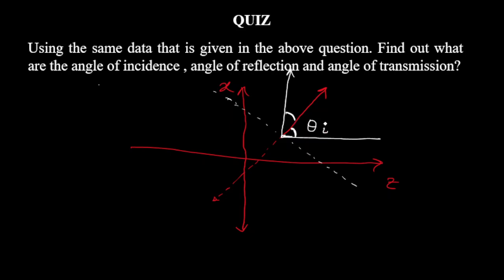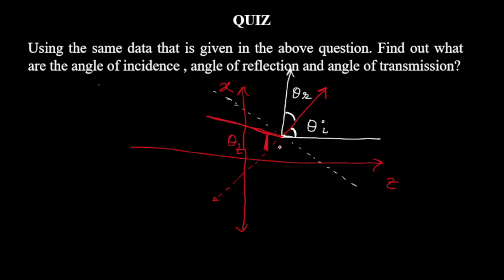So once you calculate this angle of incidence, the angle of reflection will also be the same. Some amount of light will also get transmitted in medium 2, and this will be the angle of transmission. So you have to calculate this angle also.